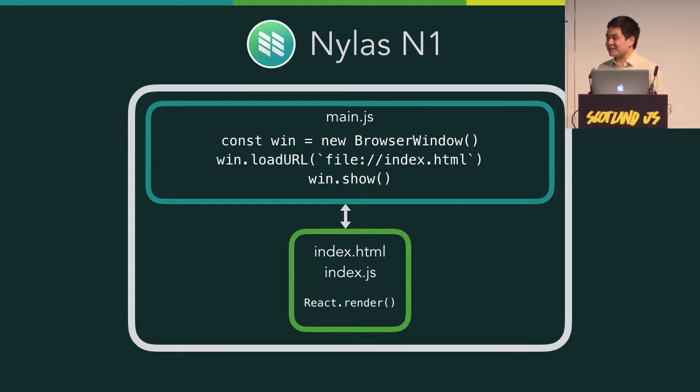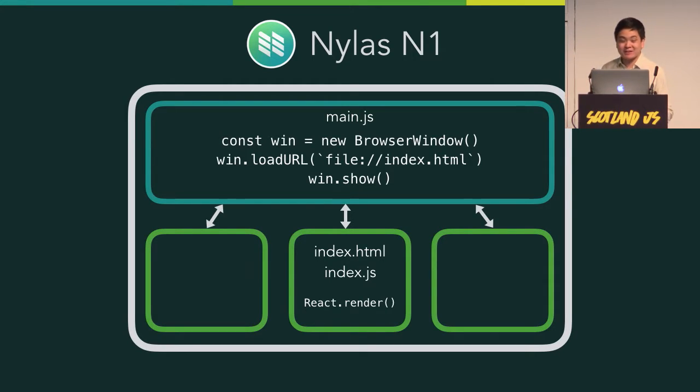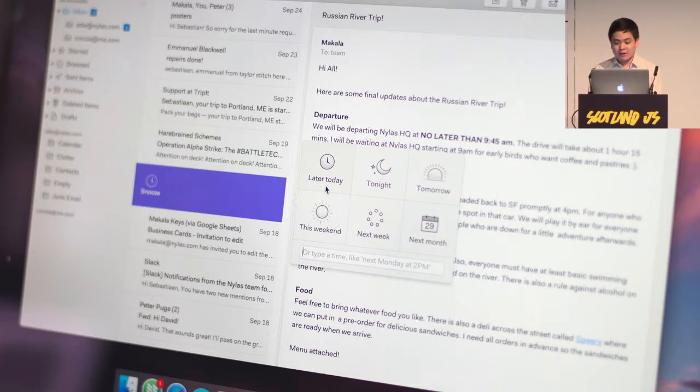The big difference is that we're not confined to this one tab. We also have then the capacity to spawn additional windows, which we use for the composers, the pop-out email composers that we have, or for these worker window pieces that I'll show shortly as well. And when you pull all that together, you can then boot these applications all with JavaScript, and all just by loading environments that you're already familiar with.